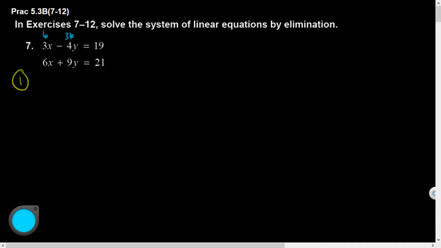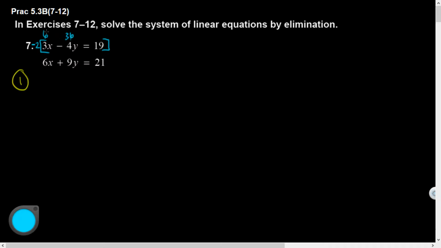It's smaller, right? We want to work with smaller numbers. So the question is, what could I multiply 3 by in order to get 6? 2. Now, that will give me a 6x, which still won't eliminate with a 6x. So I'm going to change that to a negative 2, so it'll be opposite.